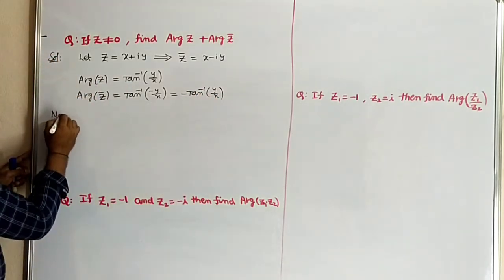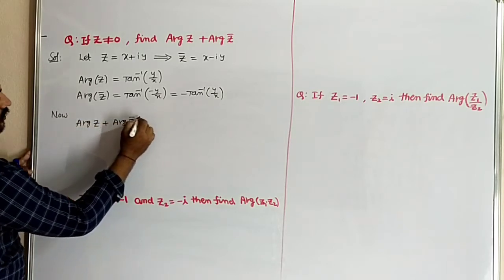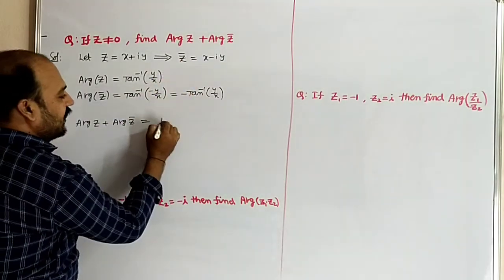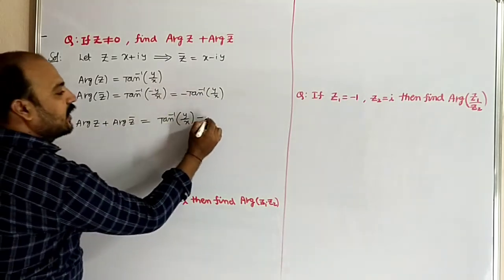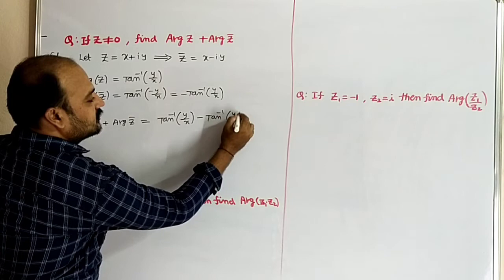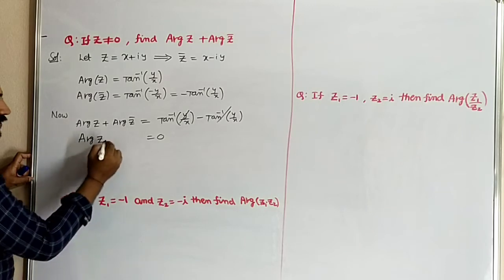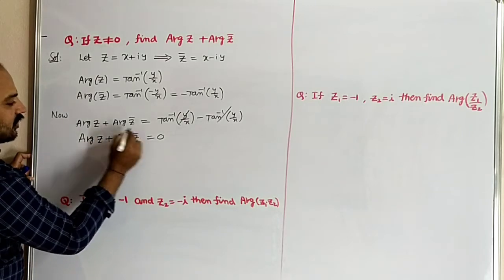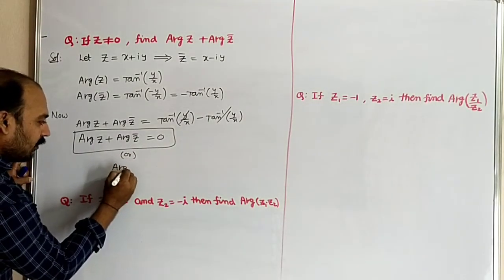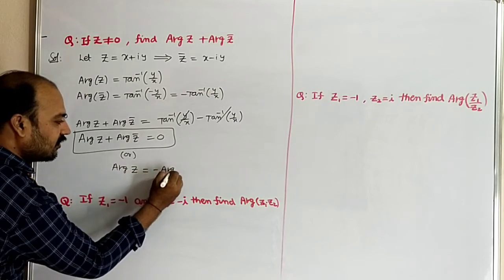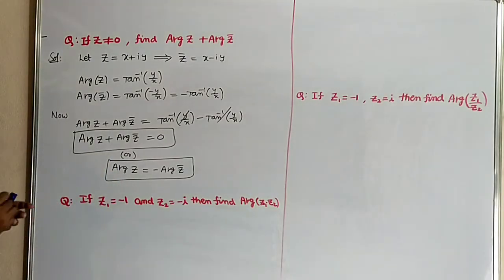Now argument of z plus argument of z bar is equal to tan inverse of y by x minus tan inverse of y by x, which is equal to 0. From now on, remember as a standard result, argument of z plus argument of z bar is equal to 0. Or we can also write argument of z is equal to minus argument of z bar. This result is also very important, keep it in mind.